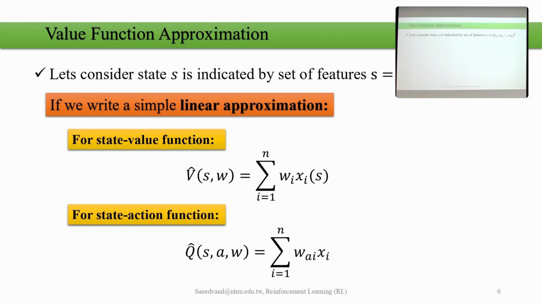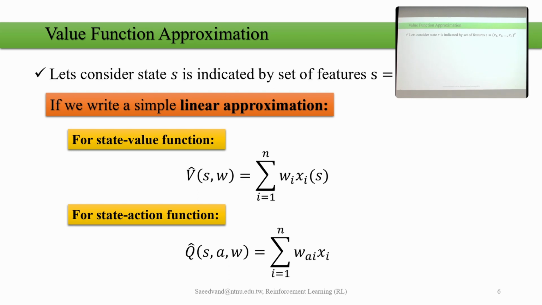Now let's consider that state S is indicated as a set of features x1, x2, up to xn. Up to now, we didn't talk about this. Now we also need to declare what the state is.